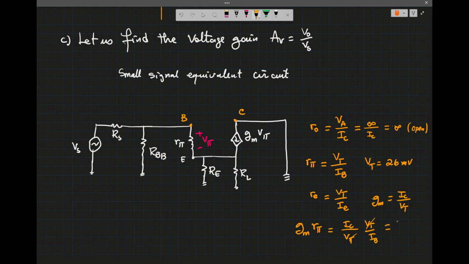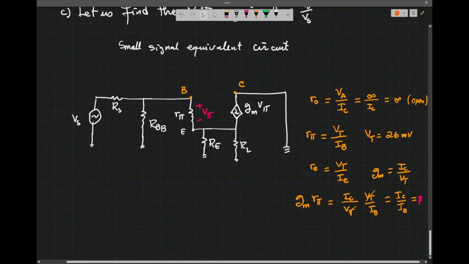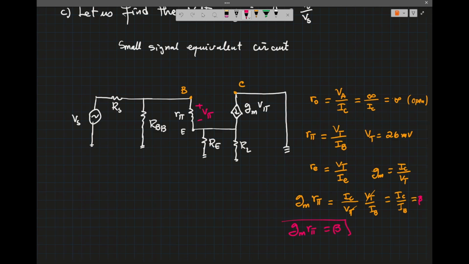So it's essentially IC over IB, which, you know, is equal to beta. Okay, so keep in mind gm r pi equals beta. We're going to use this also when we calculate again.